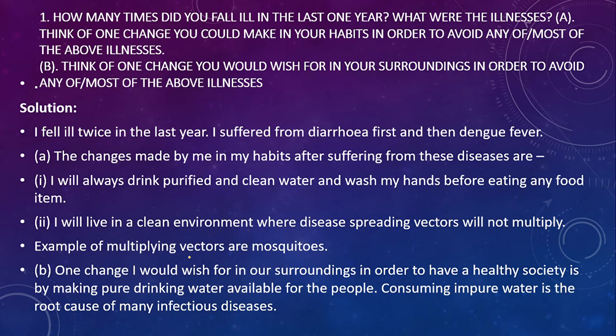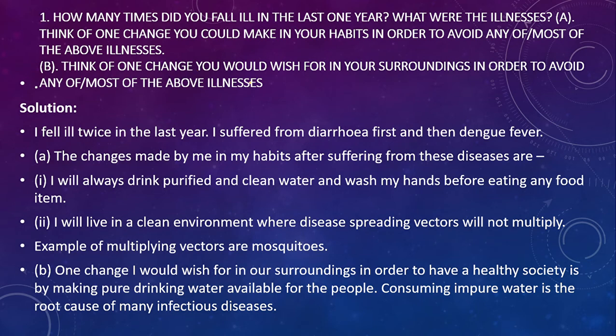Okay, now see: how many times did you fall ill in the last 1 year? What were the illnesses? A, think of one change you could make in your habits in order to avoid most of the above illnesses. Think of one change you would wish for in your surroundings in order to avoid most of the illnesses.